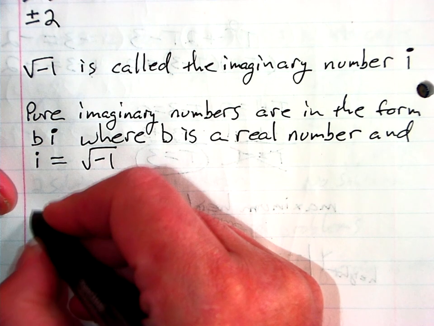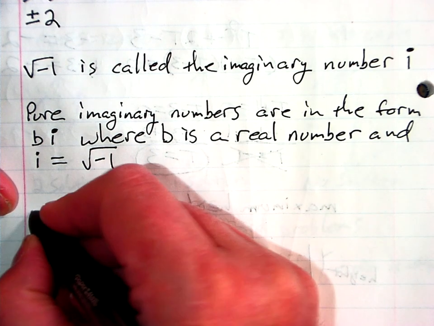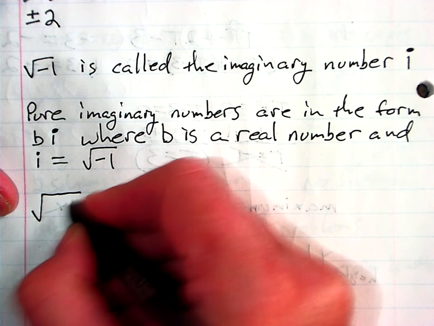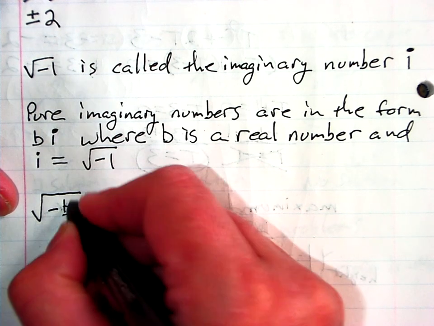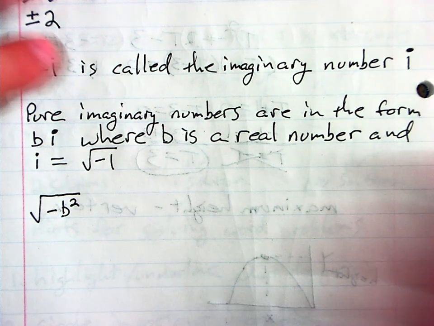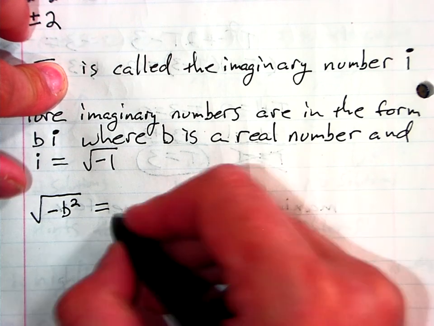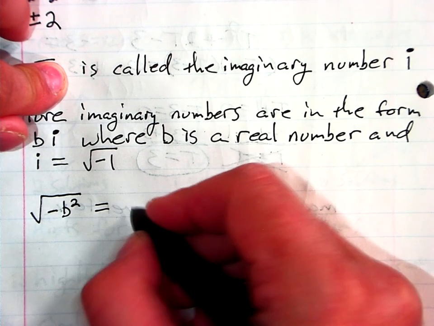All right, this is going to be confusing right now, so just bear with me. We'll try and make sense of it as we go. The square root of negative b squared. I can split that into two pieces. I can pull out the negative 1, which will turn into i.